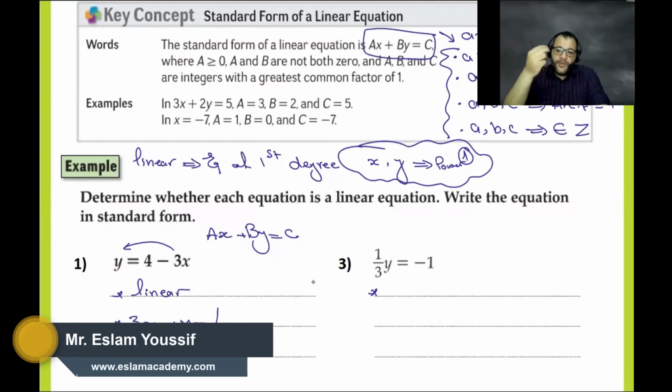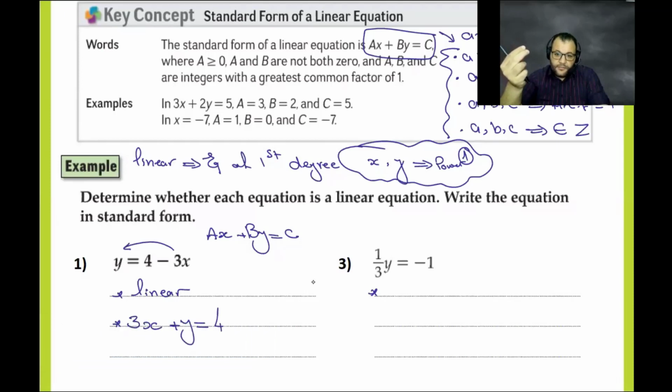Okay. What is the meaning of linear? Linear equation here means that it's an equation that forms a straight line. There is no graph, leave the graph. What is the meaning of linear function?